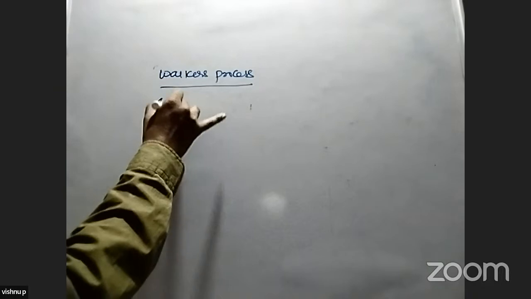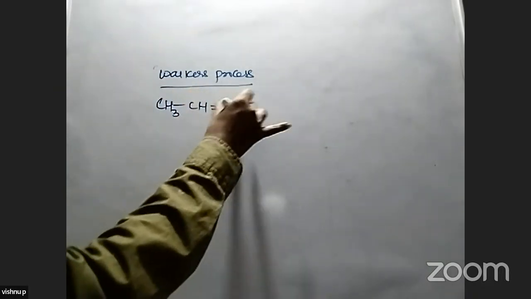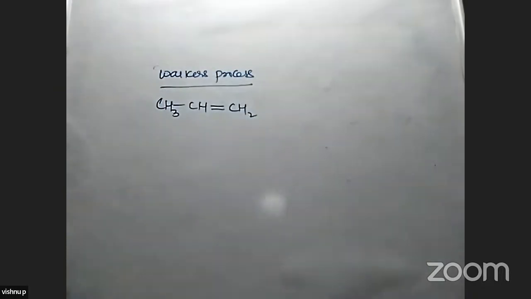Next is one name reaction, called Wacker's process. This is a preparation of aldehydes or ketones from alkenes. We take the example CH3CH double bond CH2, propene.